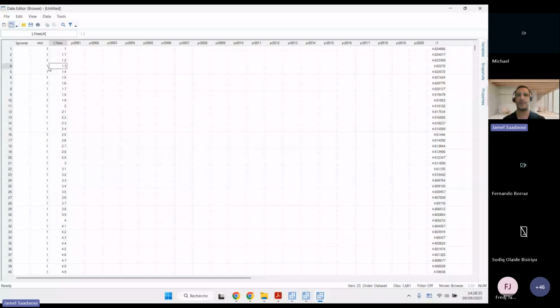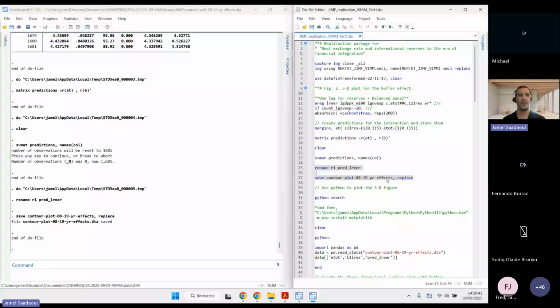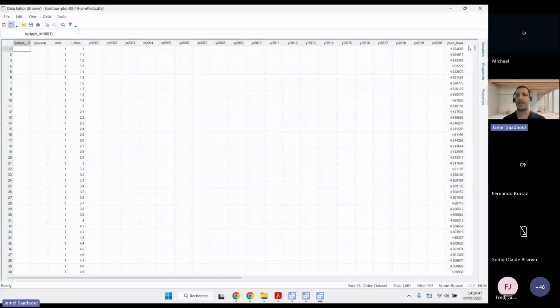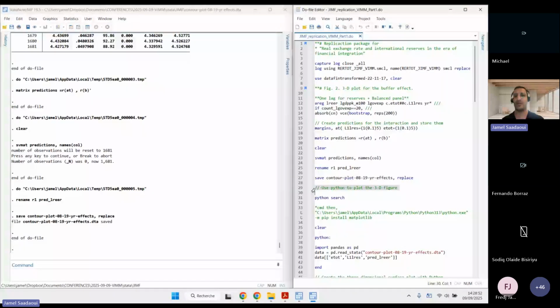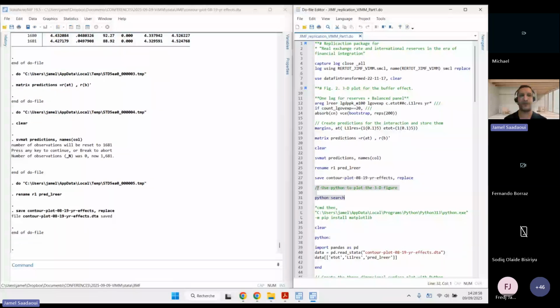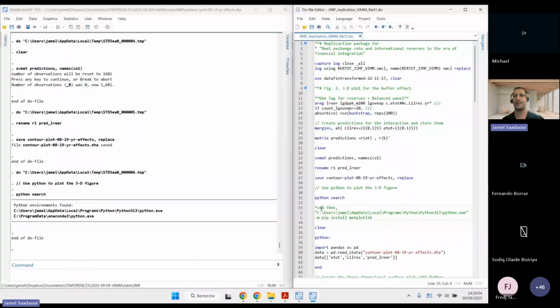Yeah. So, okay, you have this variable here. Now what we are going to do, we are going to use Python because you cannot directly make a 3D plot in Stata. So first, you search for Python if it's there. I have two Pythons: I have Anaconda and I have Python directly installed. If you don't have it installed, you have to install it, okay?